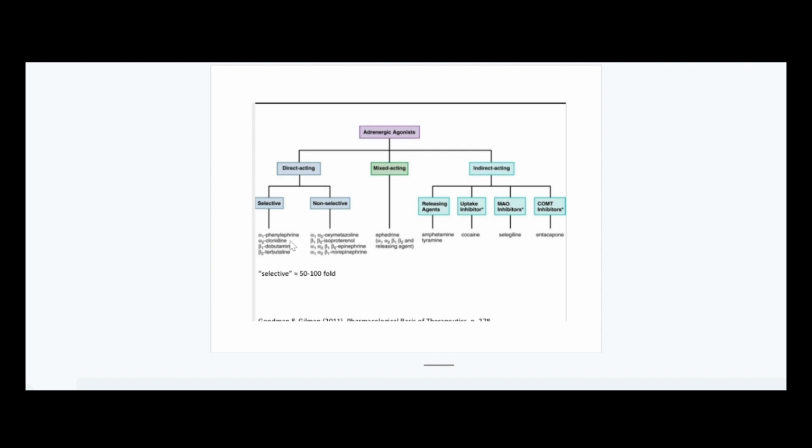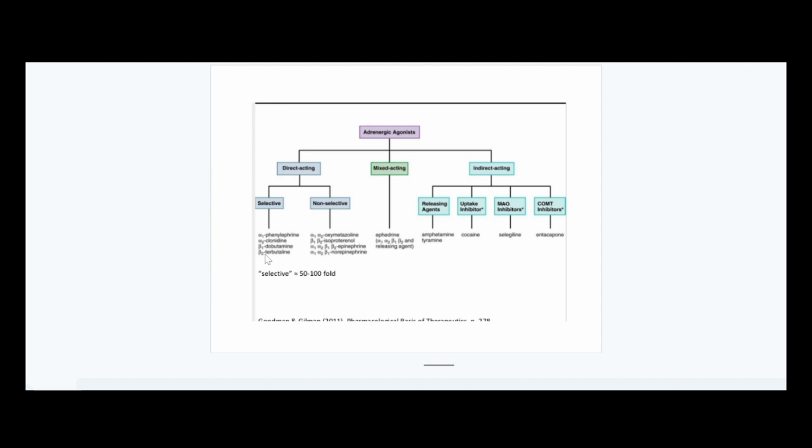You're going to give those that are selective, because imagine it's binding to beta 1 and beta 2. You're not going to give isoproterenol because it's going to bind to beta 1 and beta 2, and it's going to affect the heart. You're going to give a selective beta 2 agonist, such as albuterol for asthma. And if the patient is hypertensive, you can also give a beta blocker, which is propranolol.